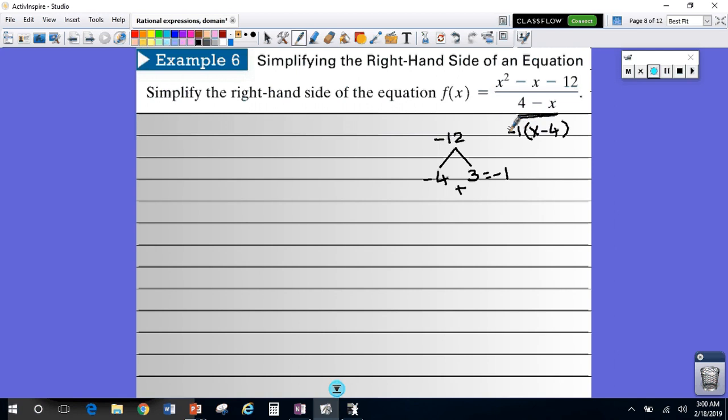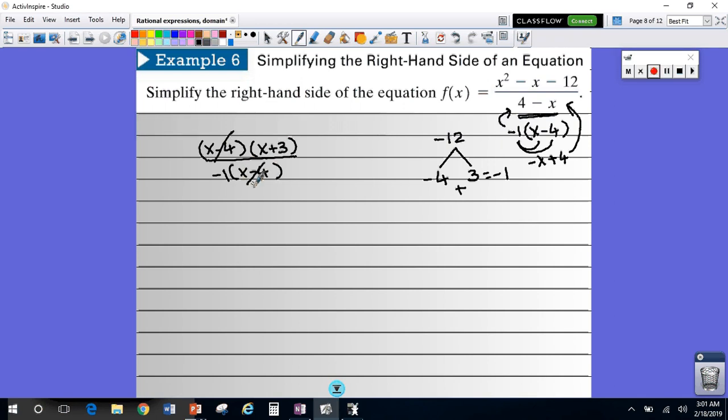It is the same thing as before, right? These two are the same, because when you distribute negative 1 times x, you get negative x, and negative 1 times negative 4 is positive 4, which is the same thing. Anyway, the factors for the numerator are x minus 4 and x plus 3, divided by negative 1 times x minus 4.